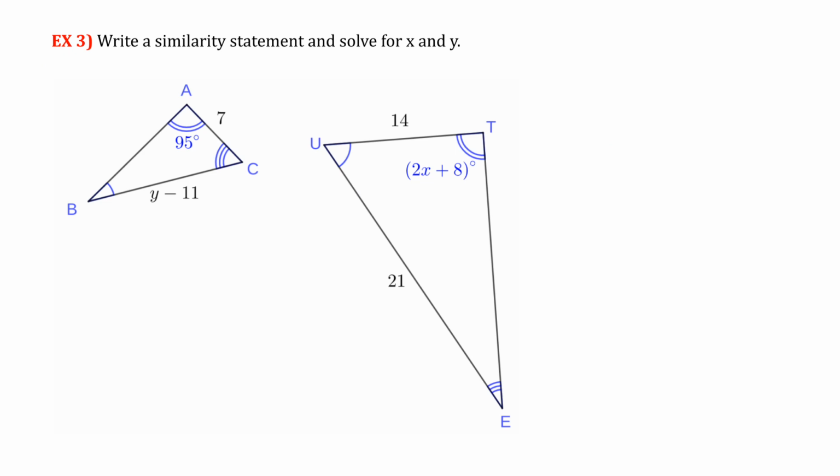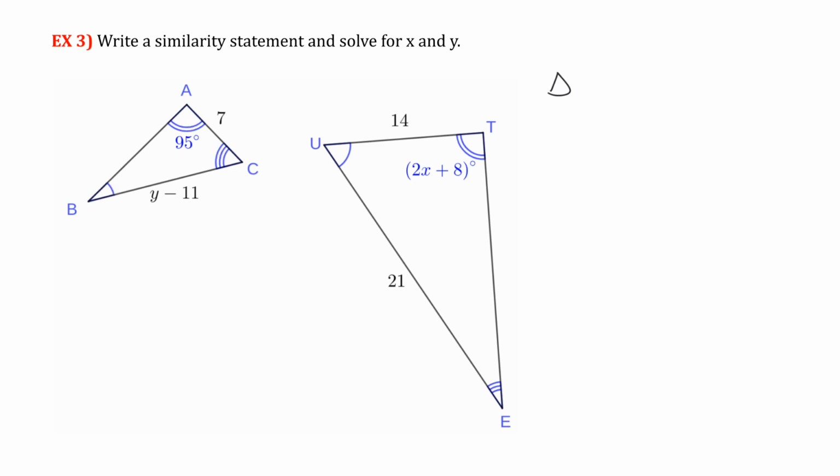Alrighty, example 3 asks us to write a similarity statement and solve for x and y. So first things first, to write a similarity statement, we need to name each of the polygons and put it in a statement. Let's just use the marks of the angles and go in order.